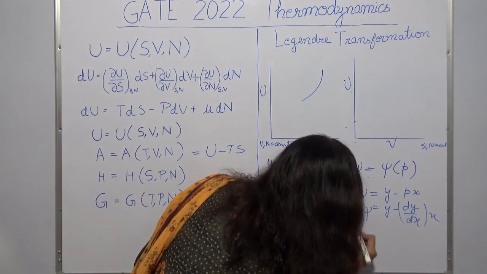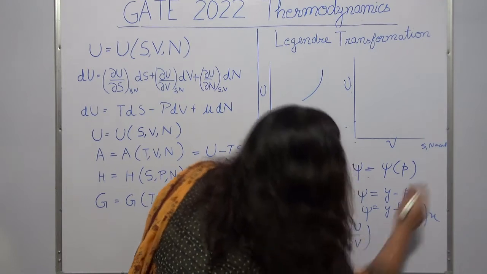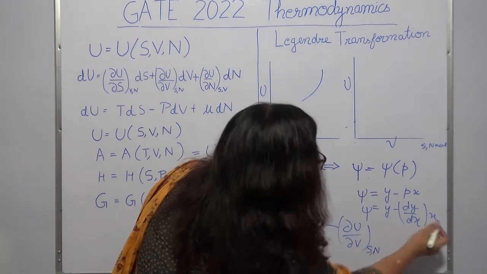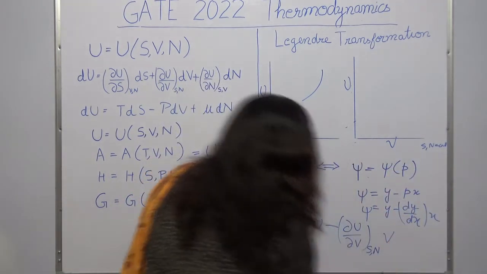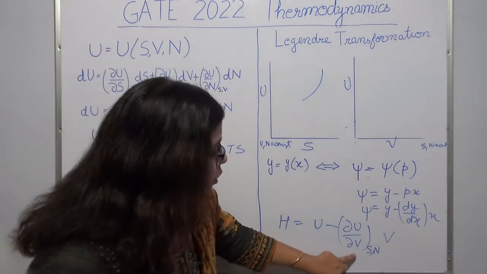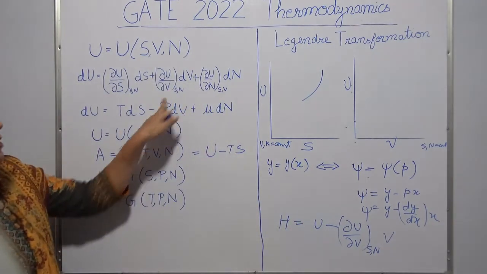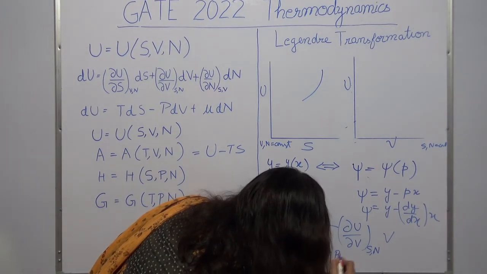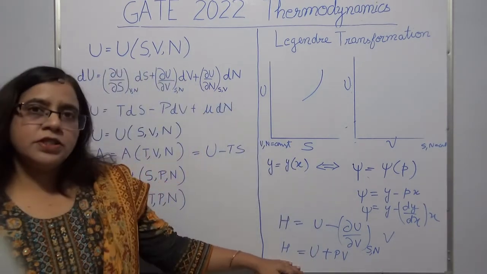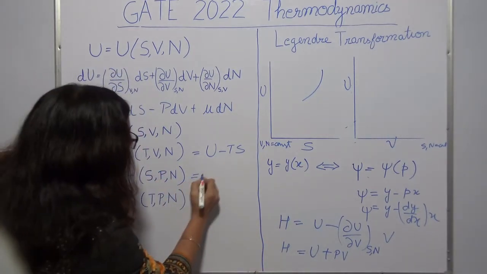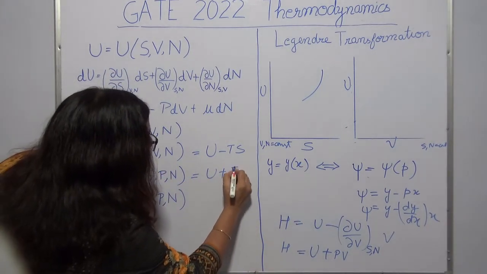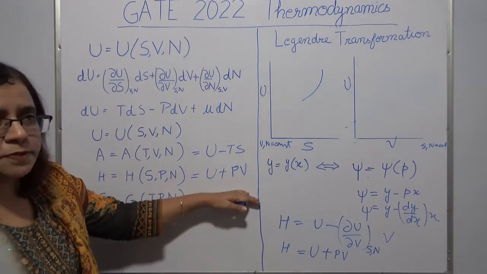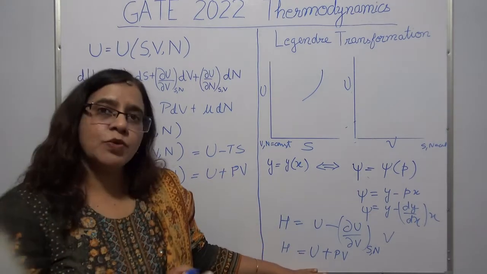Del U by del V at constant S and N, and that is multiplied by x, which is nothing but V. Now del U by del V at constant S and N is nothing but minus P. So I put it over here and I get the definition of H, which is U plus PV. So you see that these equations which you have learned by heart till now, that H is defined as U plus PV, now you know from where these equations are coming.